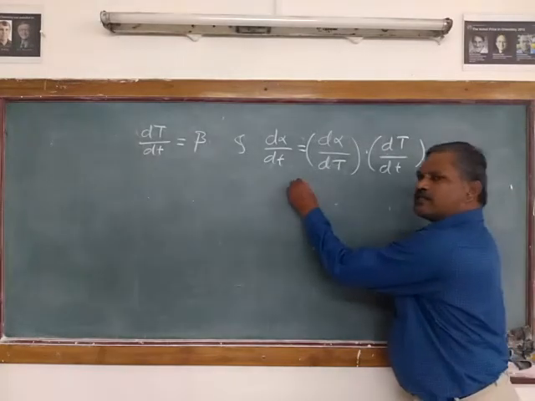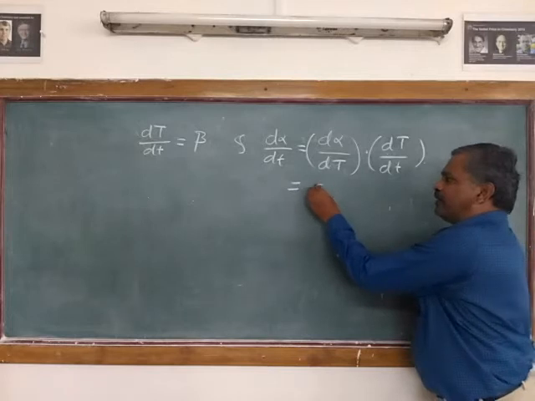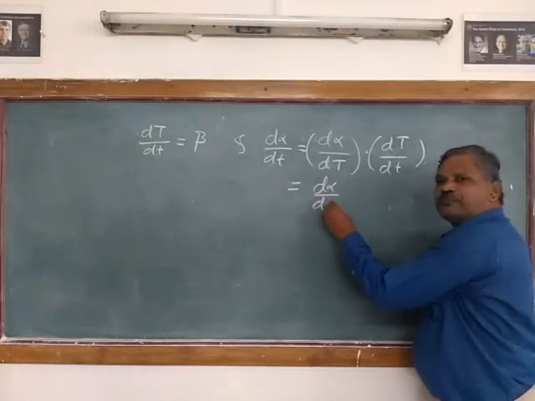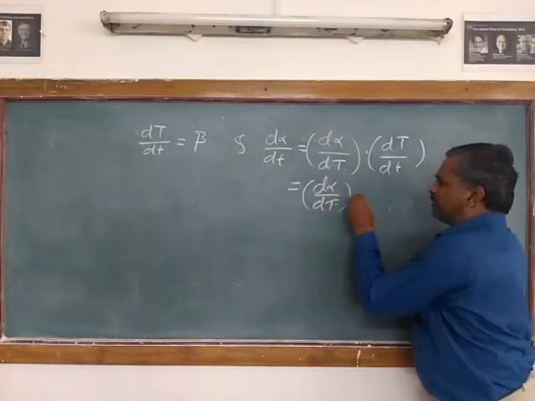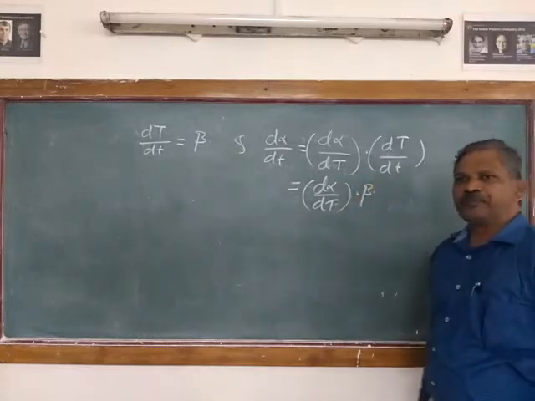Then this equation becomes d alpha by dT into beta.